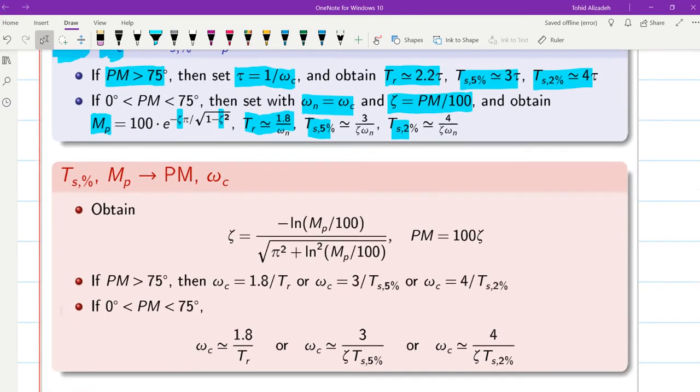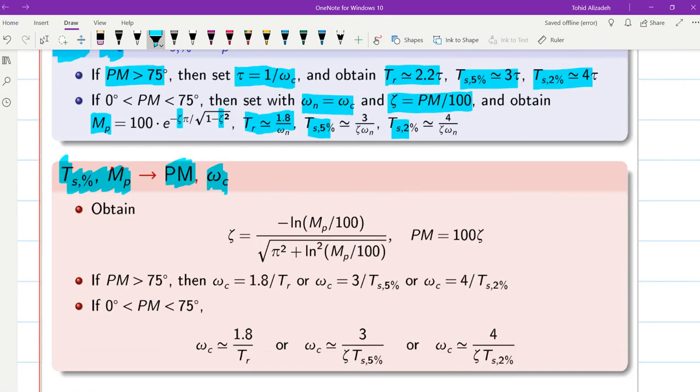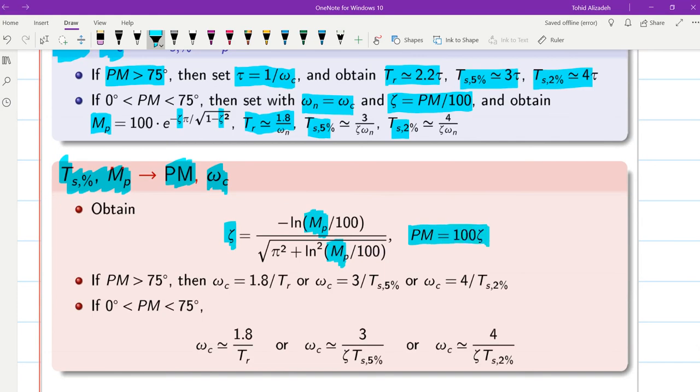On the other hand, if we have the settling time and overshoot as the input variables, then we can obtain the desired phase margin and desired crossover frequency, or omega c. We will obtain the value for zeta, directly referring to the value of Mp, the overshoot, and then we will have an estimate for the phase margin, which will be equal to 100 times zeta.